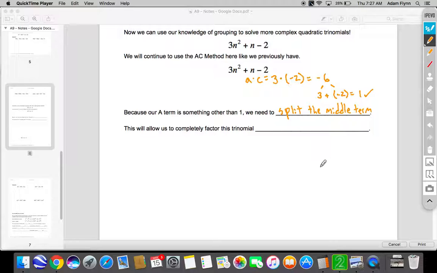I'll show you what that looks like in just a moment. This will allow us to completely factor this trinomial by grouping, like we previously did. Okay, so pause the video if you need more time.